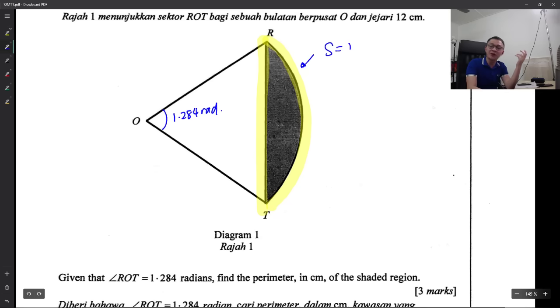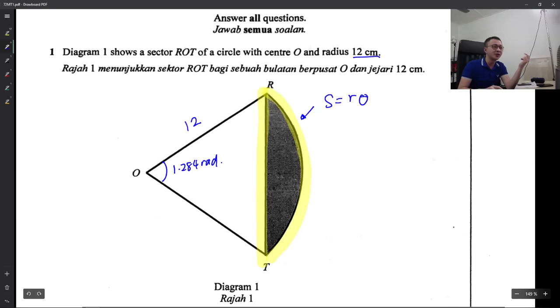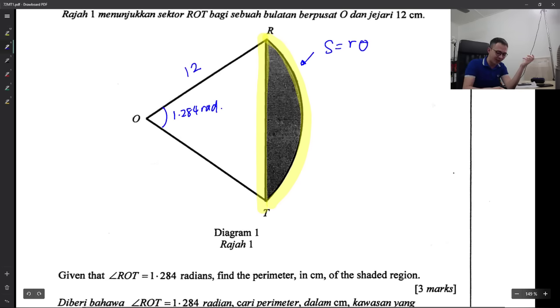The formula is s equals r theta, and theta must be in radian, and this 1.284 is radian, so it's very easy. R is given as 12 centimeter at the very beginning. So I get the arc length RT by doing 12 times 1.284, and using the calculator, the arc length is 15.408.